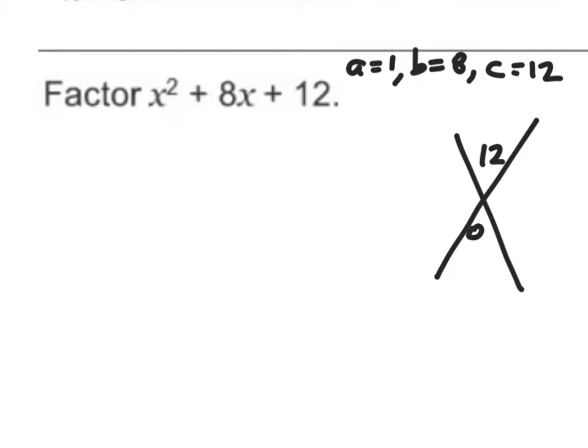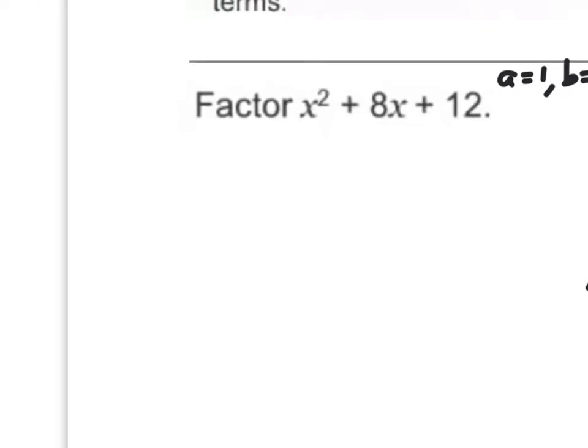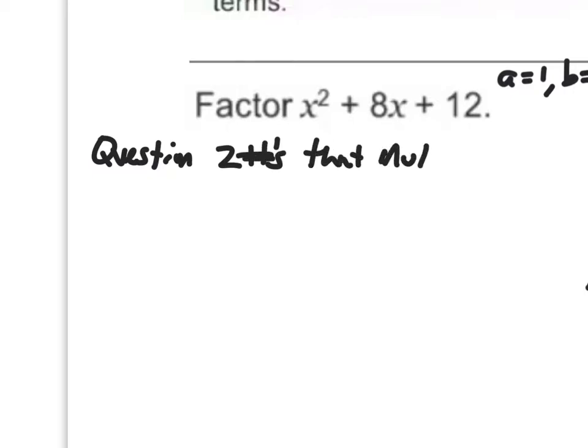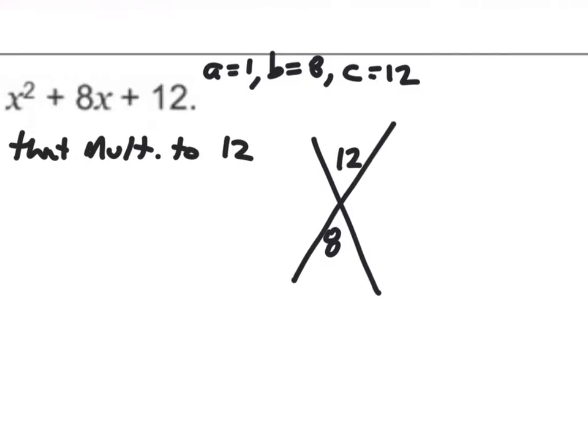So now what I want to figure out are 2 numbers. So the question is, 2 numbers that multiply to 12 but add to 8. And those numbers, you can think about it for a while, but it's going to end up being the numbers 2 and 6.